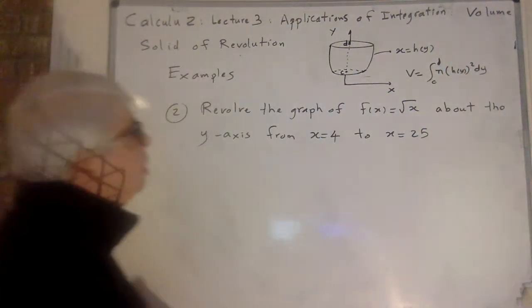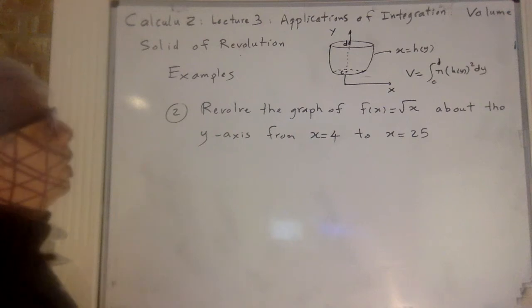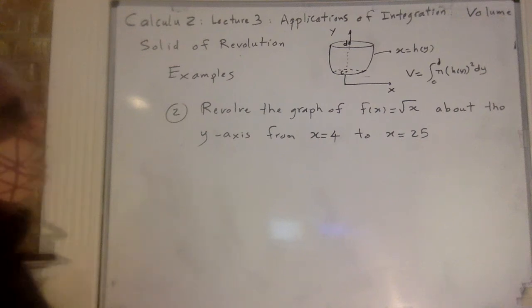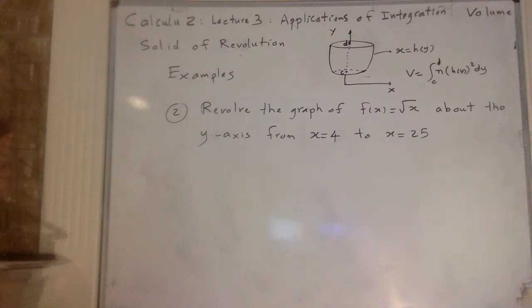So if it is revolving about the y-axis, then you have to have x in terms of y. So y is the independent variable.